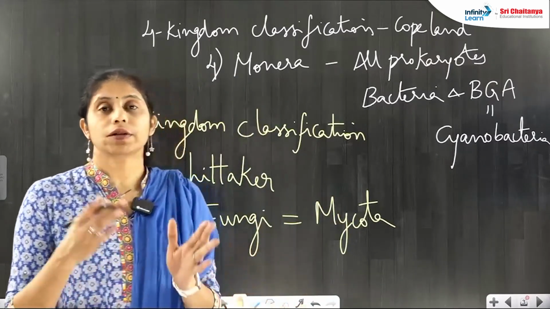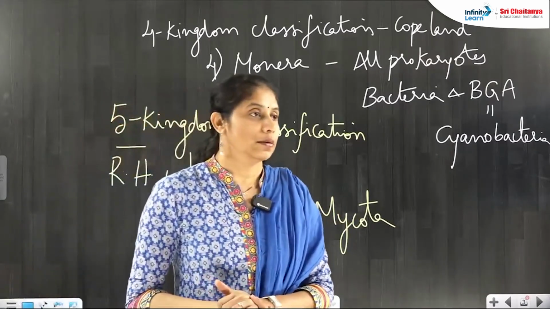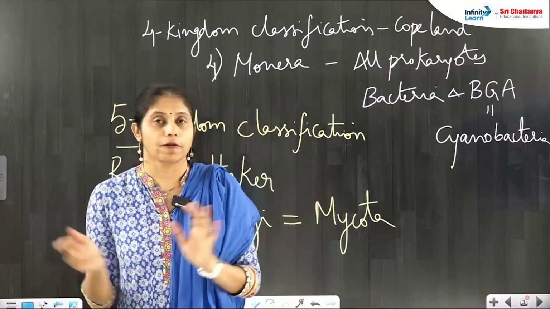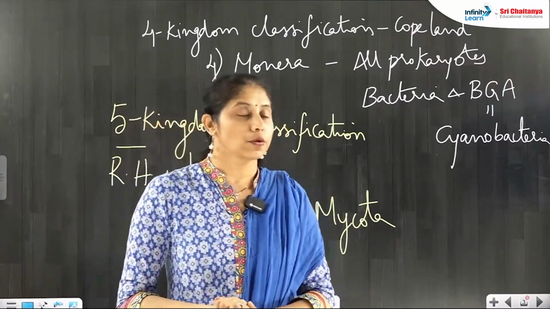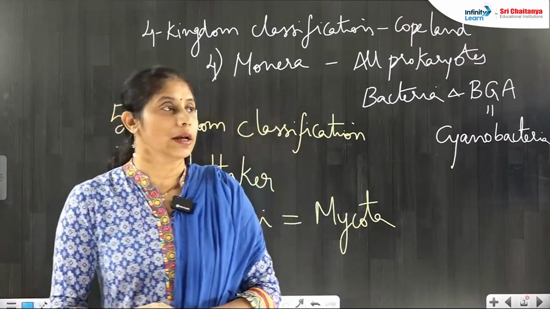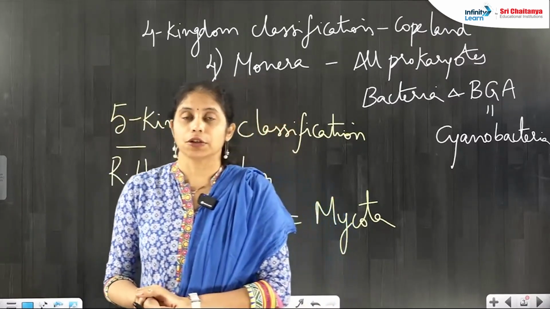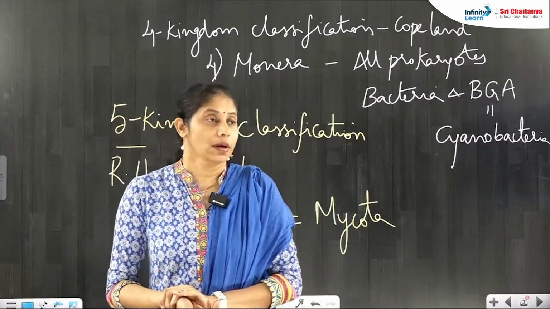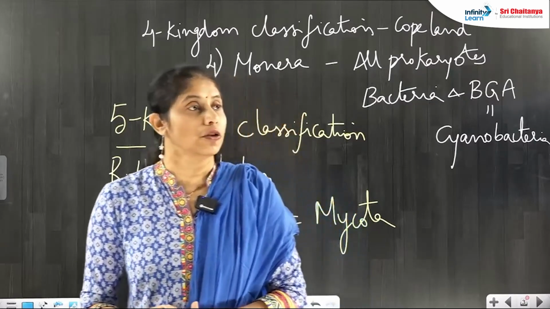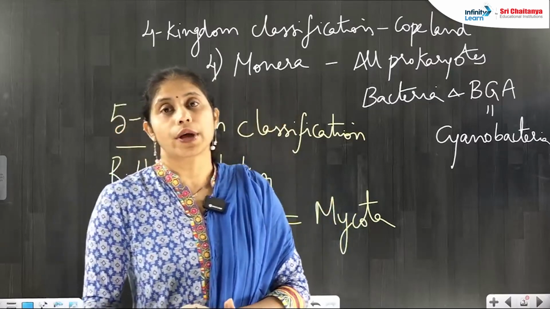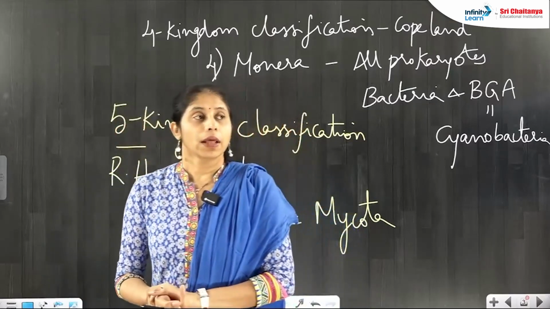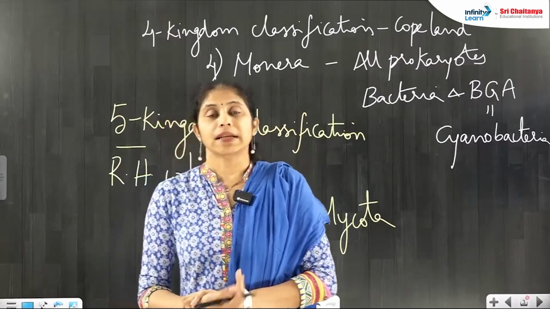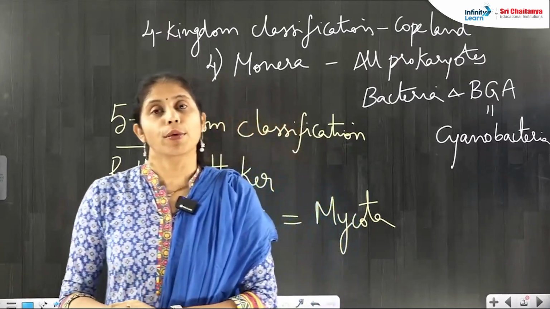In that way, first the two kingdom classification was there, which many people followed for many years. But later they came to know many problems in the two kingdom system, because many organisms did not find a place in the two kingdoms. Then the third kingdom came by the addition of Protista, where all unicellular eukaryotes were separated. Then the fourth kingdom came by separating all the prokaryotes into Monera.